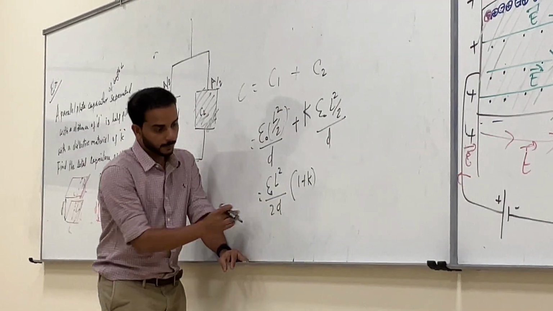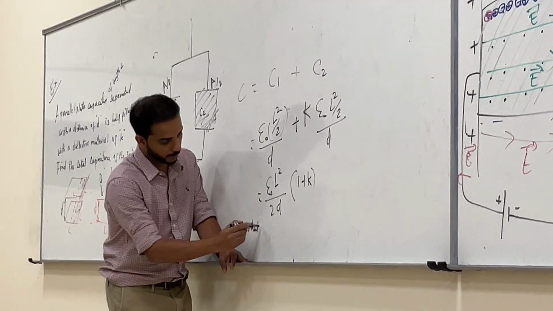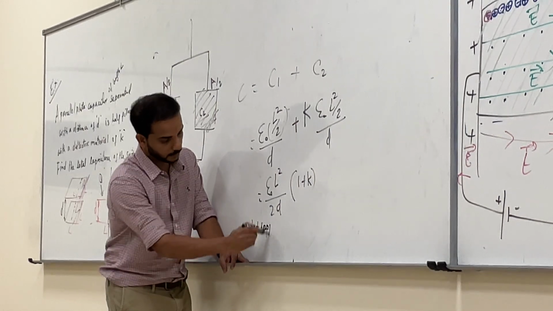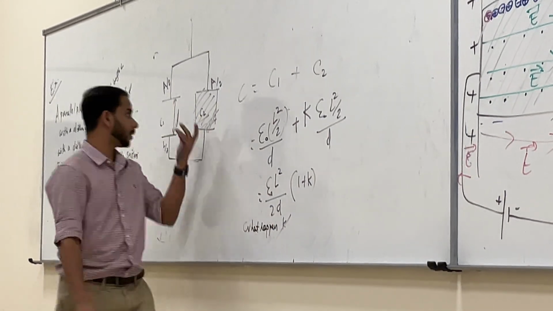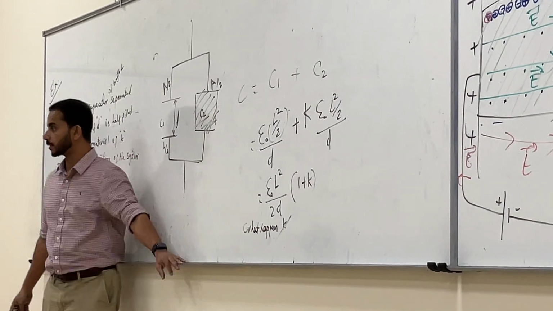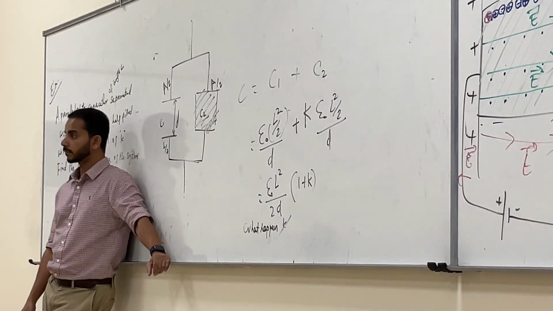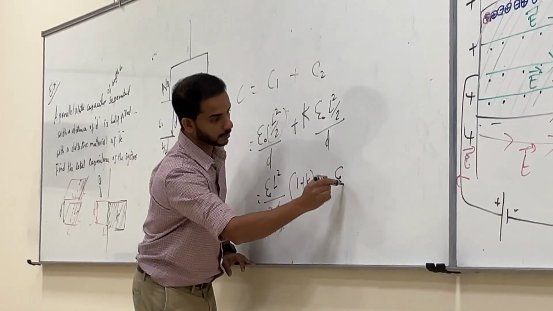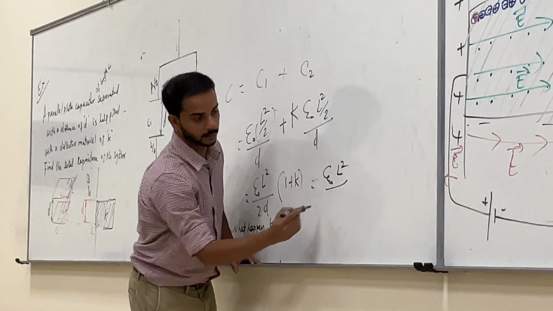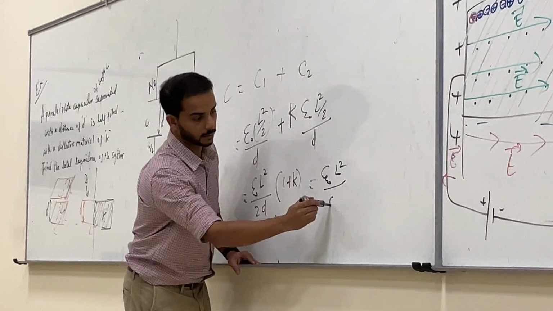And now, what happens when I remove the dielectric material from this capacitor? It will be epsilon 0 L squared over d.